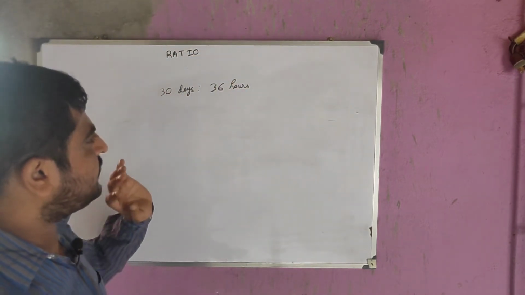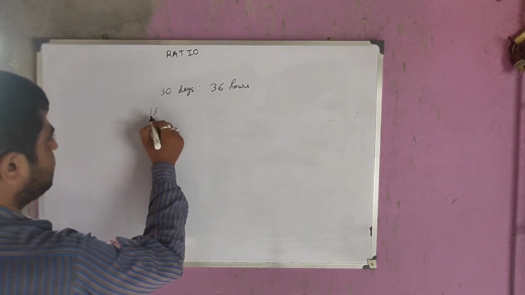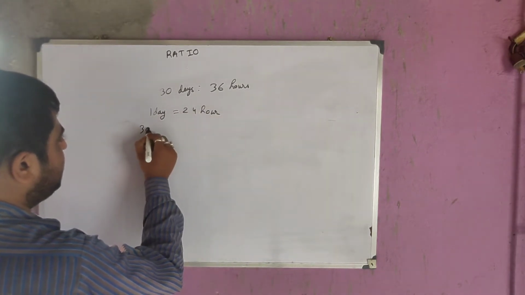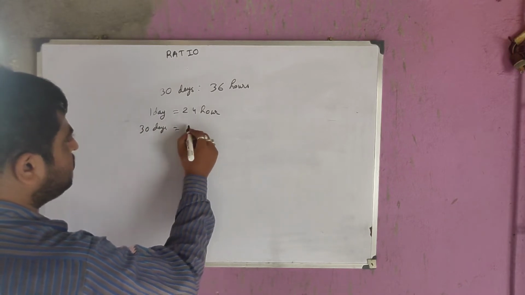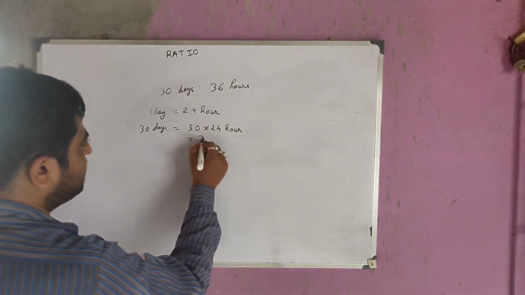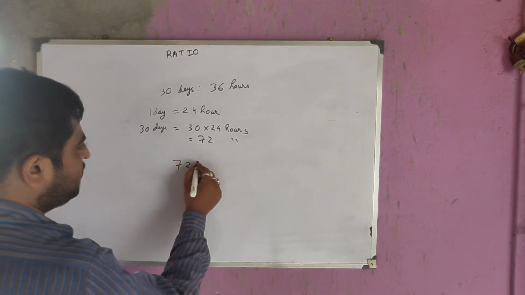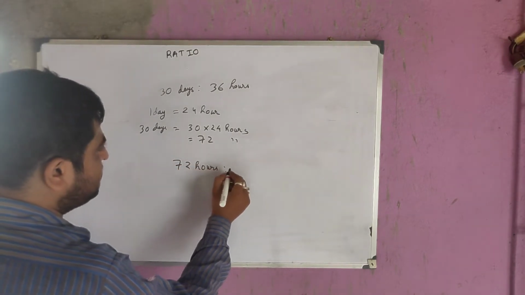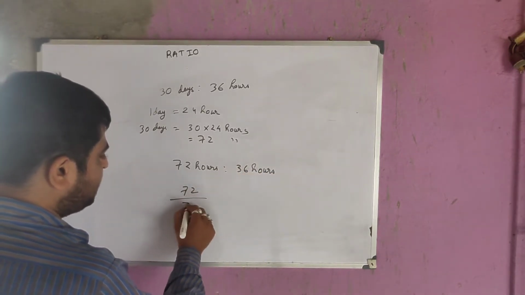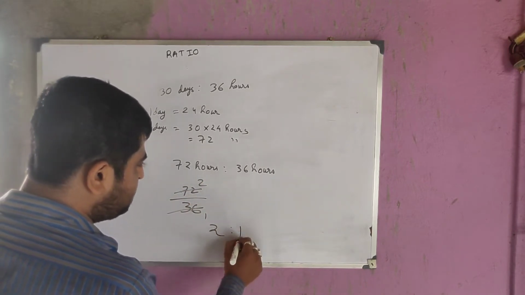So we can convert days into hours. 1 day equals 24 hours. So 30 days equals 30 into 24 hours, so 720 hours. Now you can make the ratio 720 hours is to 36 hours. So 720 by 36: 36 twenties are 720. So the ratio will become 20 is to 1.